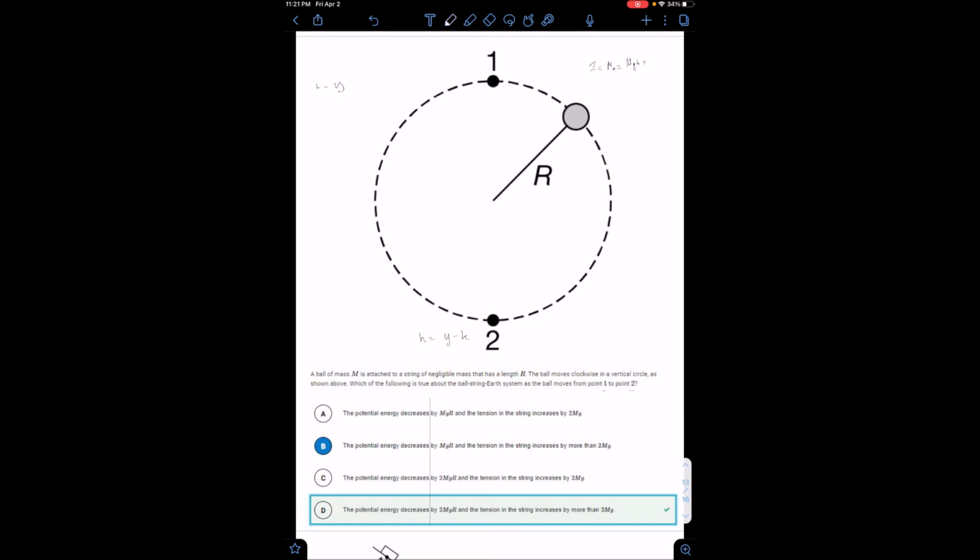It would just be mgr, because that's just how much the tension is. So same thing here. Okay, we can just cancel that out.